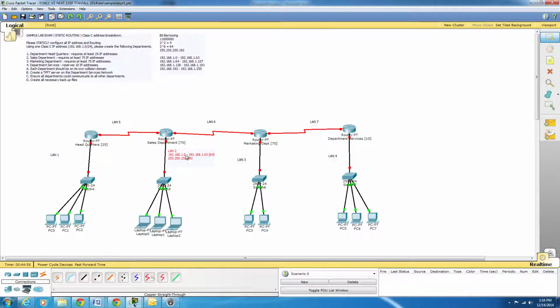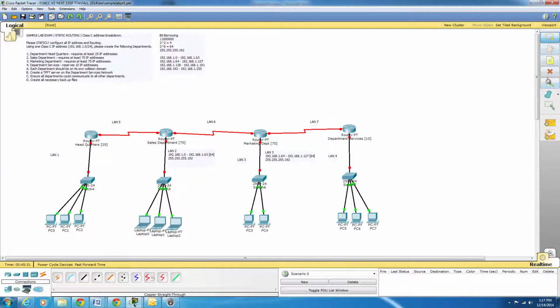And we're going to do the same thing for marketing. We're going to dump this into marketing, but this time marketing is going to go from 1.64 all the way up to 1.127, and that should be our LAN 3.